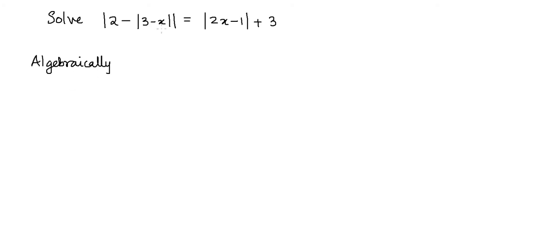Okay, so looking at the equation, the different switching points can be marked on the number line as being half and 3. 0 I've just indicated as the 0 on the number line, but the switching points are half and 3.